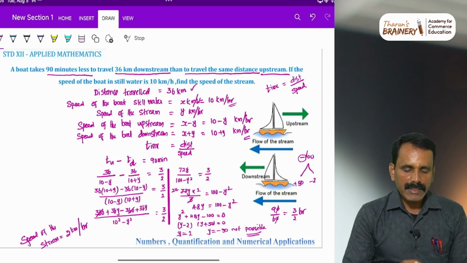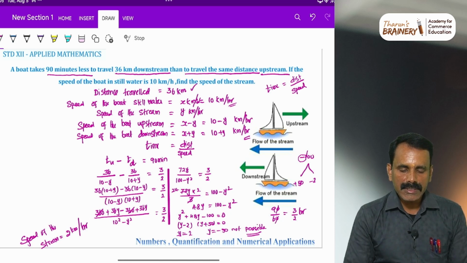So if the boat takes 90 minutes less to travel 36 kilometer downstream than to travel the same distance upstream, if the speed of the boat in still water is 10 kilometer per hour, then speed of the stream is 2 kilometer per hour.